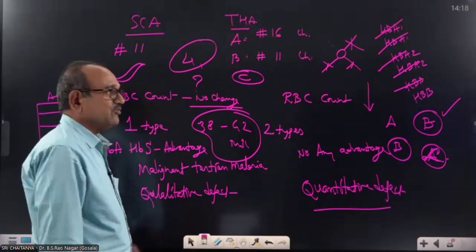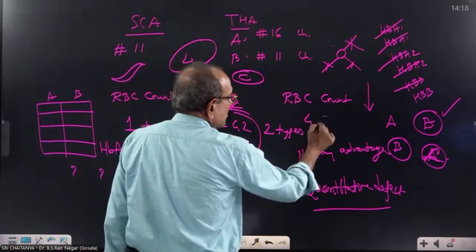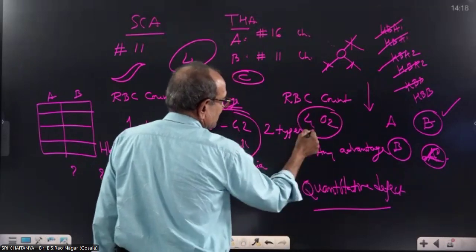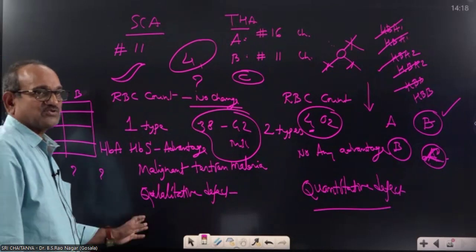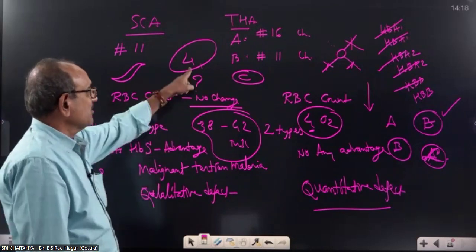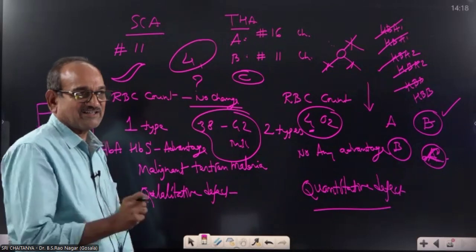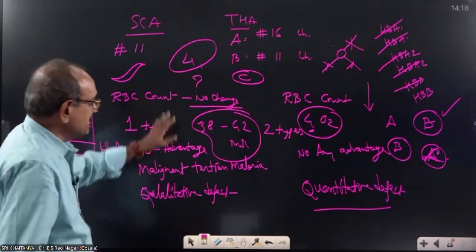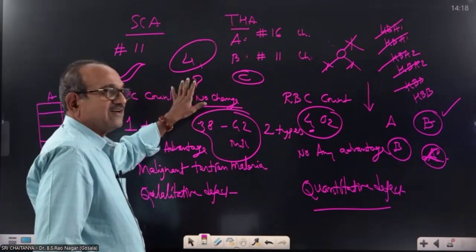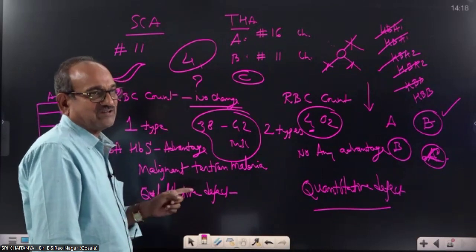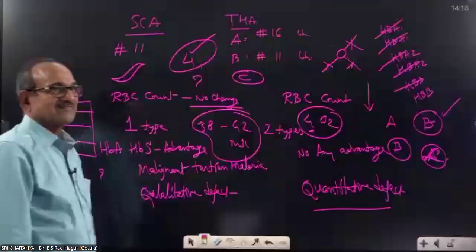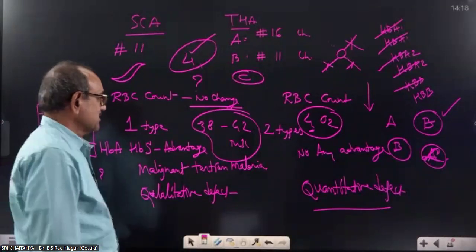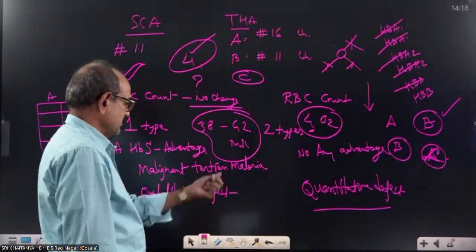Because one hemoglobin can combine with 4 oxygen molecules. This 4 is imprinted in their brain. Please make a correction for your students. If this question appears in NEET, 99.99 percent of students of India go for this option. This is wrong. So these are sickle cell anemia and thalassemia.